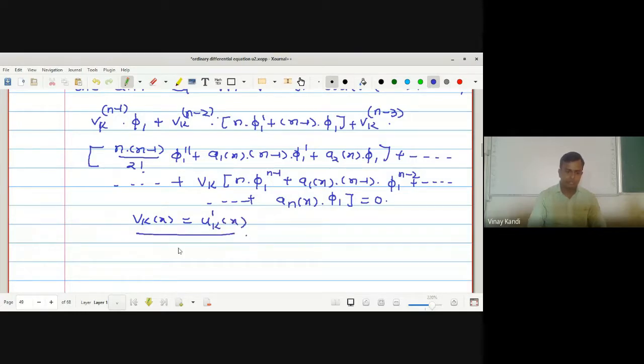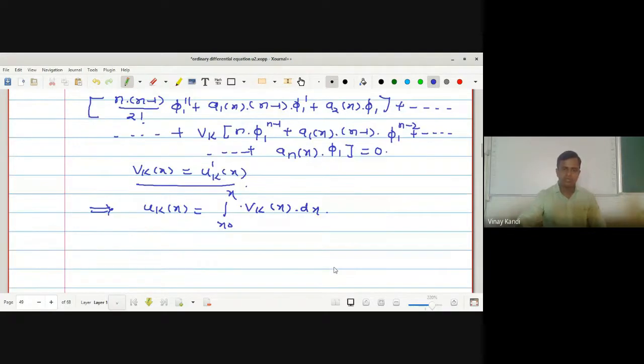Then it implies uk of x is equal to integration from x naught to x of vk of t dt, for k running from 2 to n.